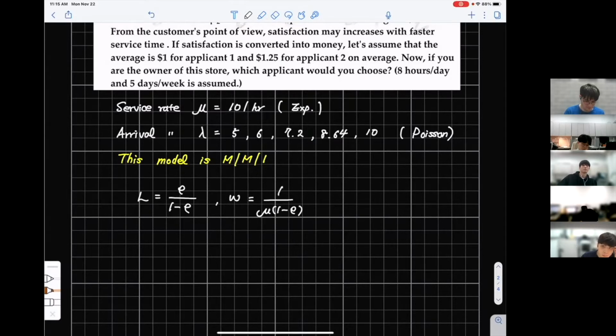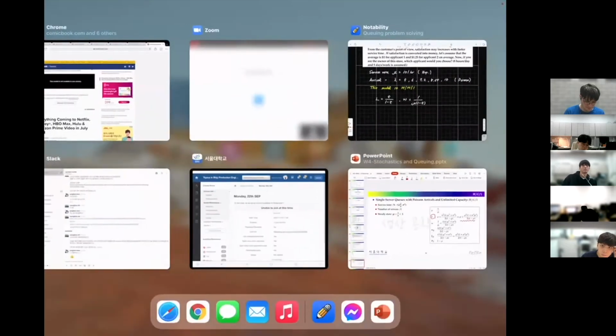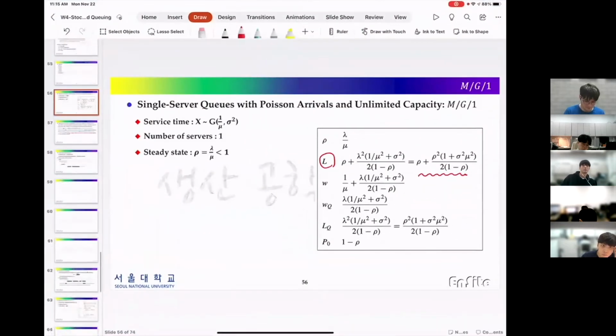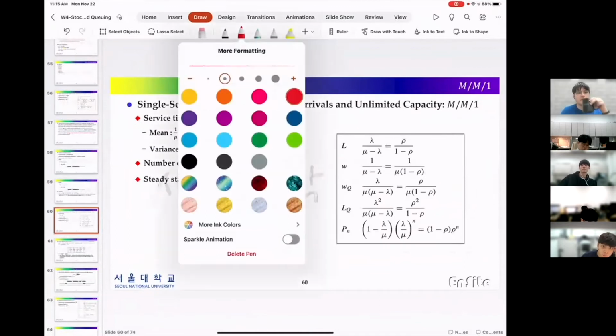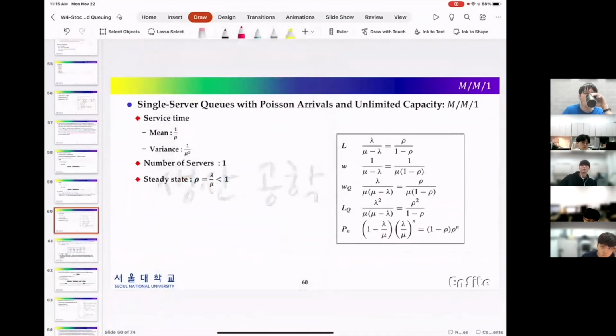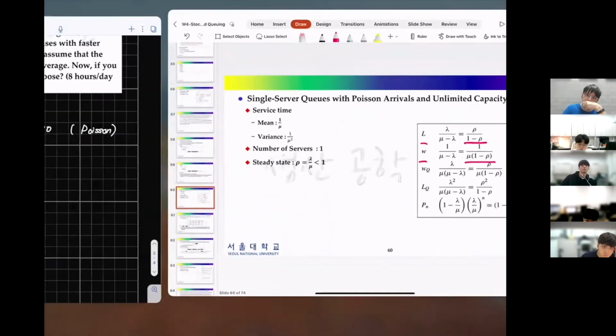This is coming from here, this one and this one. We are using these two formulas in this problem.